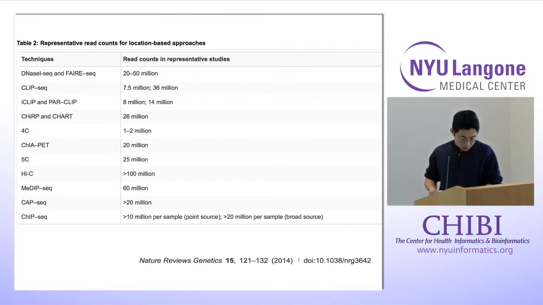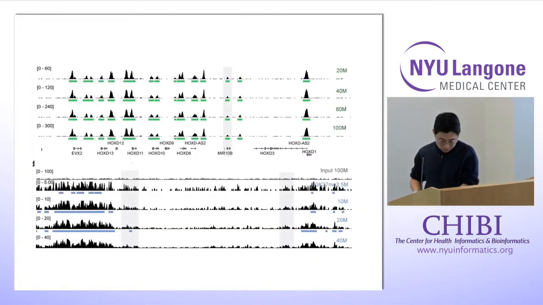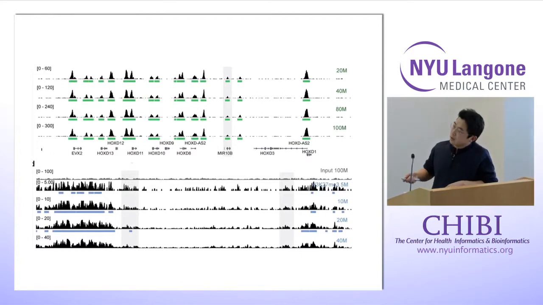There are very few systematic studies looking at how many reads you need. In this study, when we align the reads from different marks, this is H3K4 modification, and this is H3K27 trimethylation.